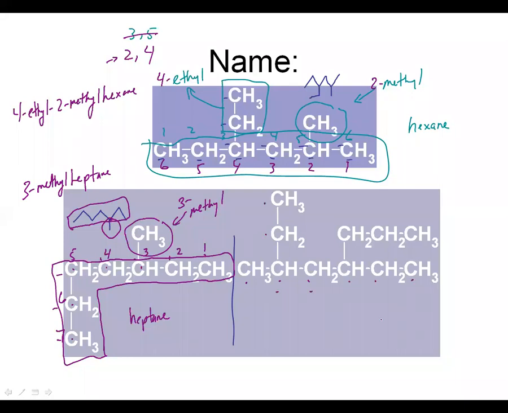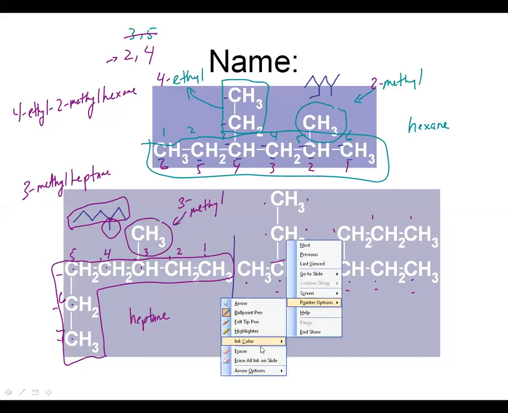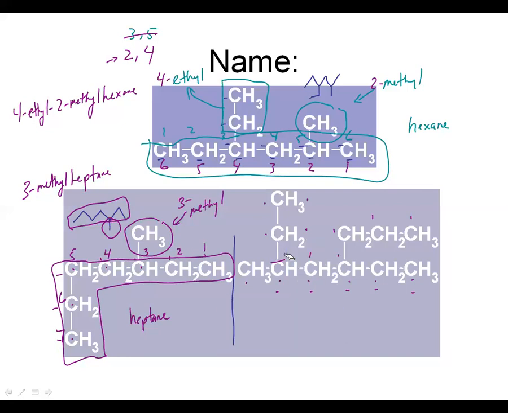We got 1, 2, 3, 4, 5, 6, 7, and 8. That's even more. So in this case, again, the longest continuous chain, I don't draw lines all over everything, is actually going to be 8 in this case. So again, you do want to check all your options there, so you don't miss anything.